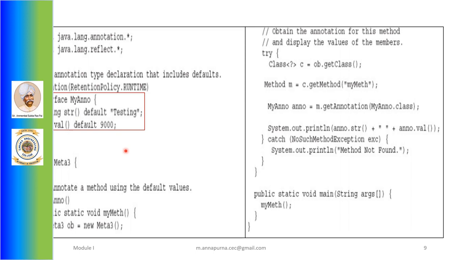Here, if we observe in this declaration, we have given the value testing to the str member and value 9000 to the annotation member val. This means that neither value needs to be specified when @MyAnno annotation is used. However, either or both can be given values if desired.